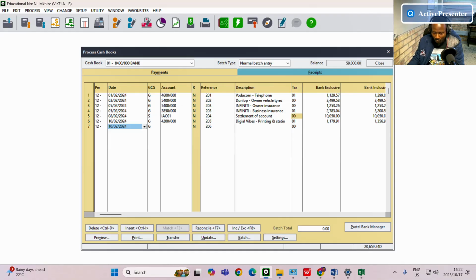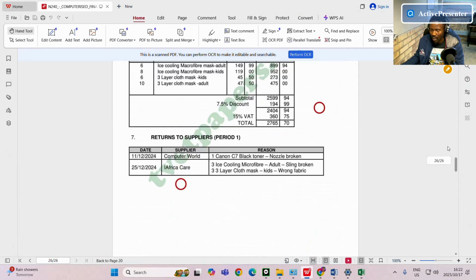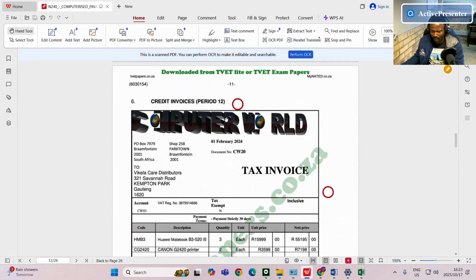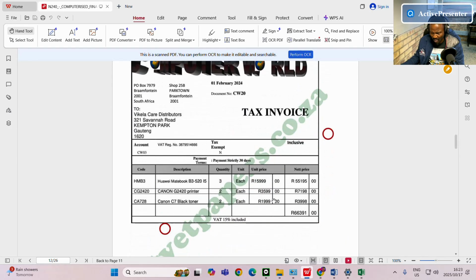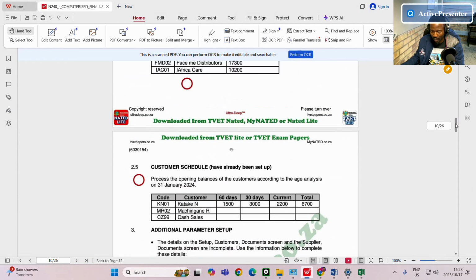Right, we're moving on. The date is the 15th. It says second account computer world. All right, so let us check this computer world. Let me check the invoices first. Is there any invoice? Yes, there is an invoice. Let me check. Is there any opening balance?